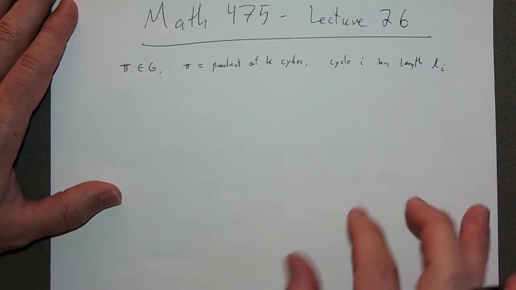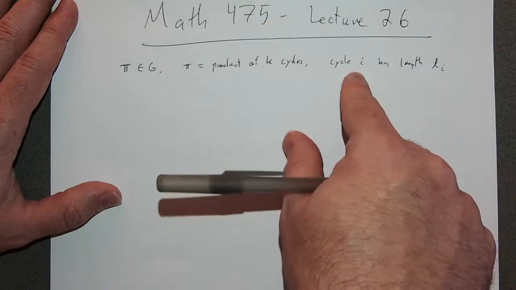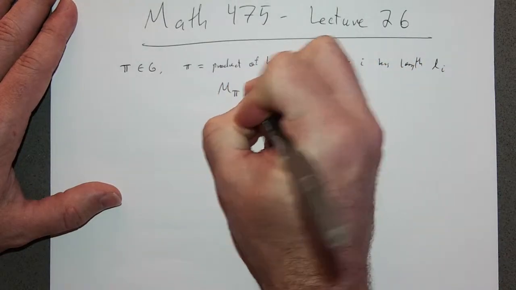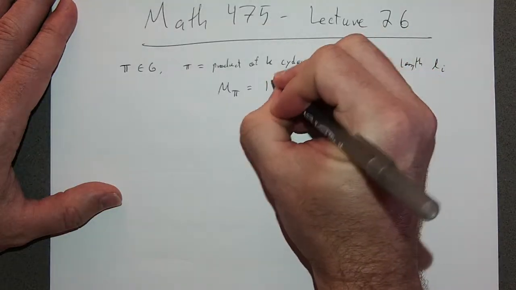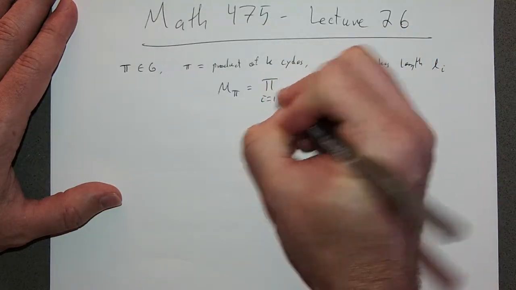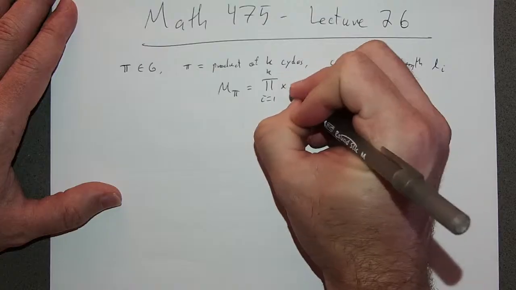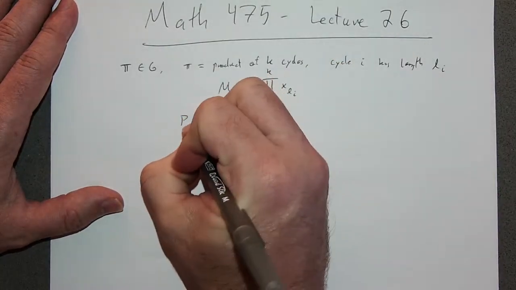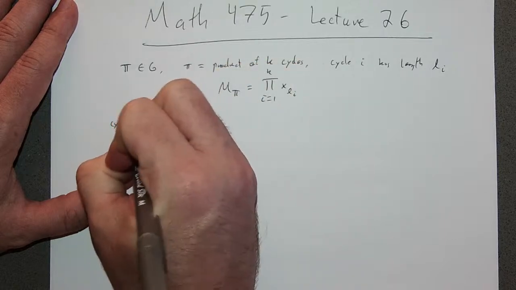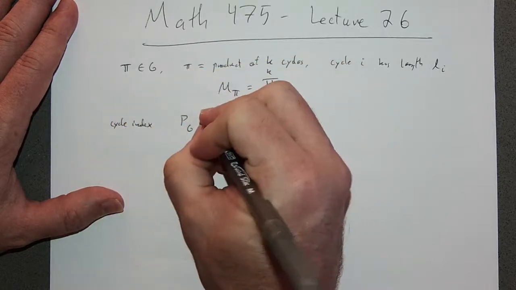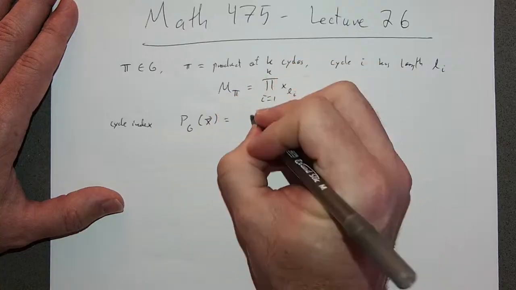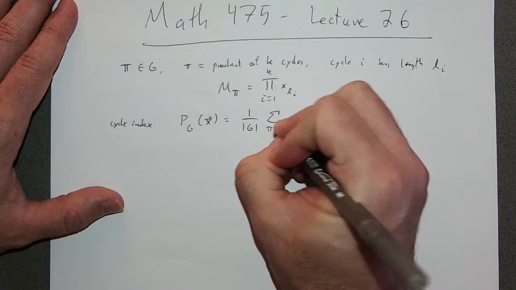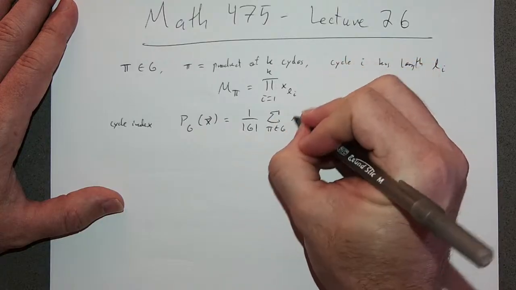So that's the deal. The ith cycle has length L sub i. In this way, the associated monomial to this permutation is the product from i equals 1 to k of x sub L sub i. And then the cycle index is 1 over the size of G times the sum over permutations in G of these monomials.